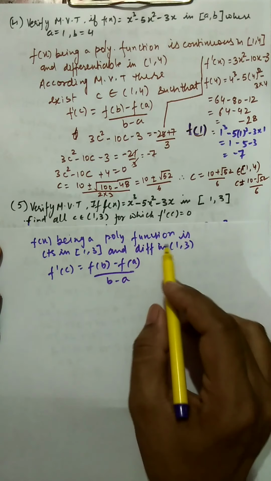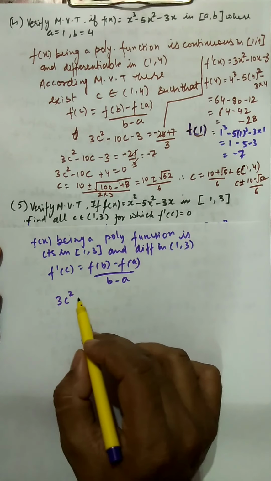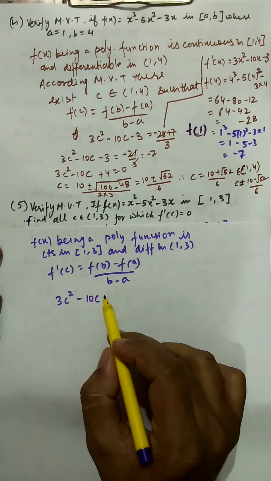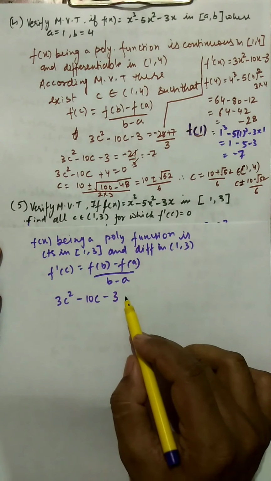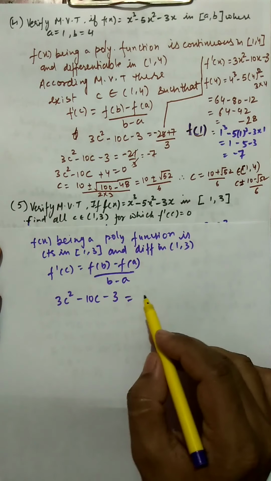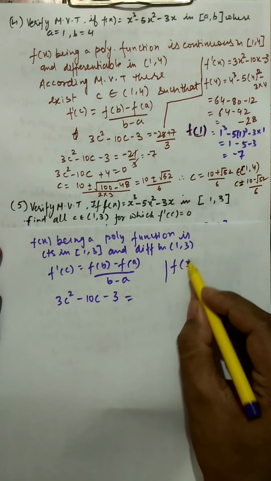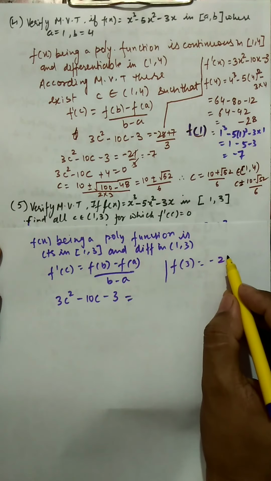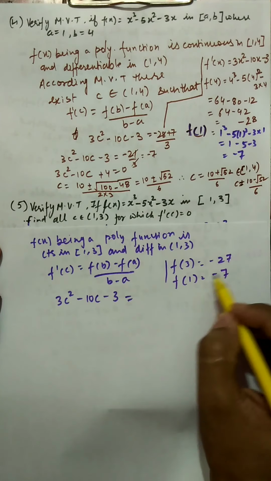So f dash c, you differentiate that function, this will be 3c square minus 10c minus 3. For fb, I can calculate here, f3 will be minus 27, and f1 is going to be minus 7.